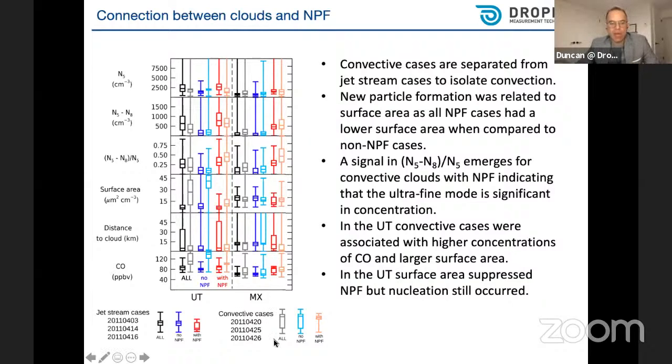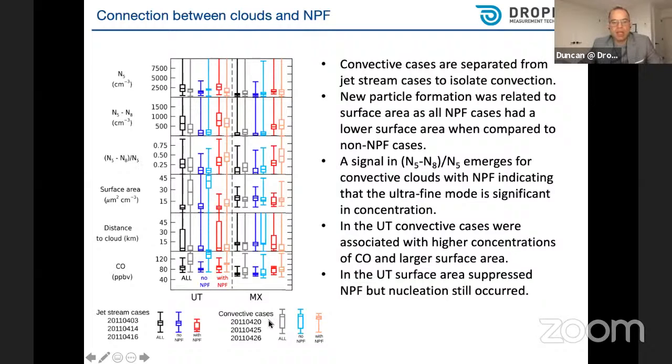So what I do here, I understand this figure is a little bit difficult to understand, but I relate all these parameters: CO, distance from cloud, surface area, and all the parameters of the size distribution. For example, this parameter here is the number of small particles compared to the total number.